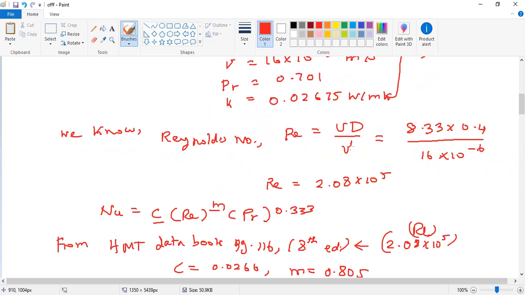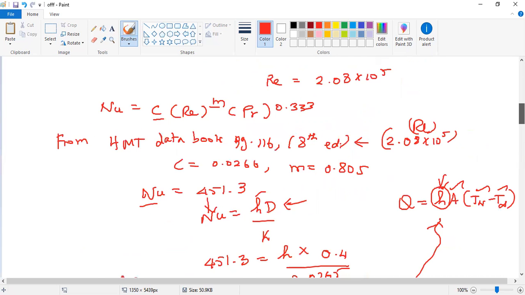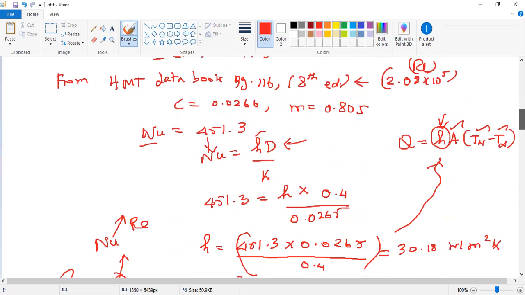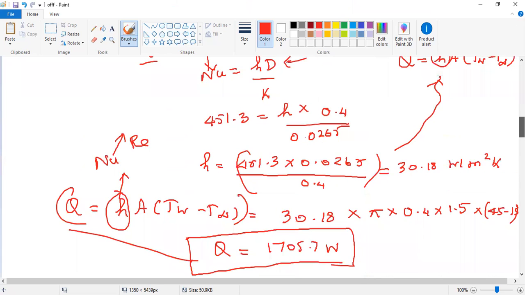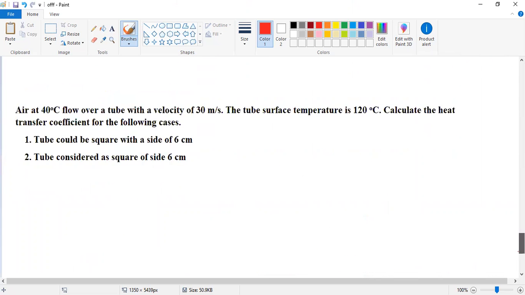So we need the values of kinematic viscosity and velocity. From the data book, we get the details from page number 34. Just use the HMT data book and get the values, put them in the formulas, and we get the result. Okay, so let us go to another problem.